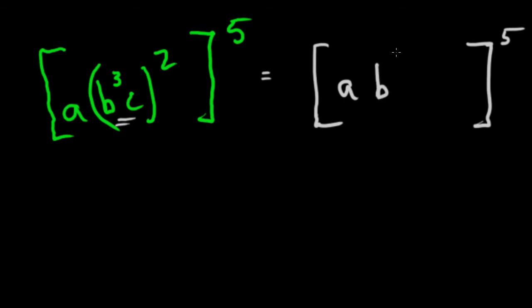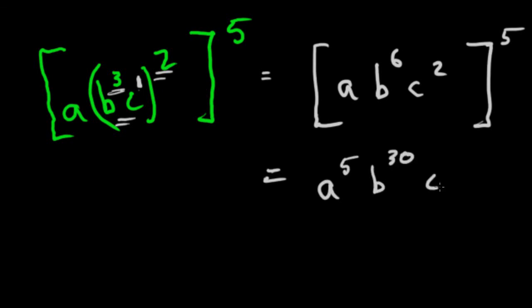Well, that would give me b^6 c^2, because I just multiply each exponent inside the grouping symbol times this exponent. 3 times 2 is 6, and remember c is to the 1st power, and 1 times 2 is 2. I can do that same thing now to simplify this expression with the 5th power. I'm going to have a^5, b^30, c^10.